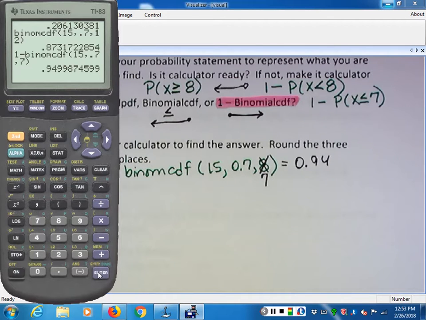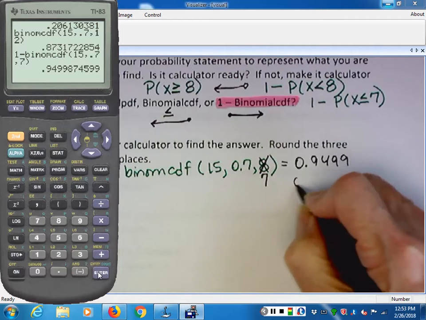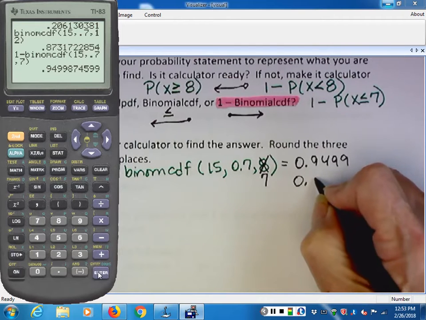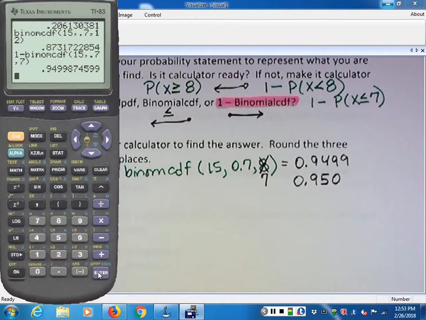Since that's 0.9499, and the next number rounds up, then we would actually call that, if your MyMathLab tells you to round, that's going to have to be 0.950 or 0.9500.